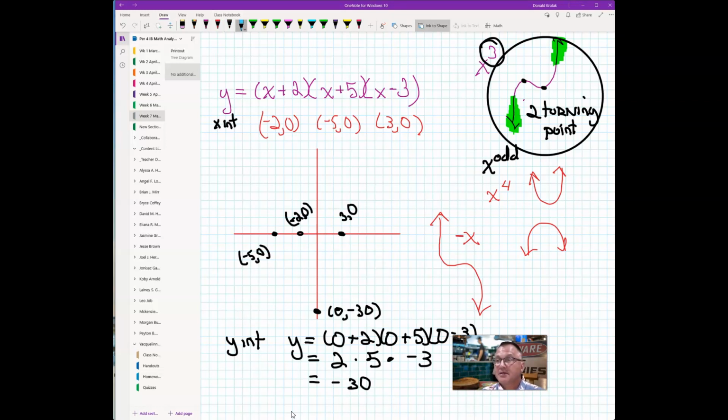So this one's going to have to be down, come up, and turn. How high it goes, I don't really know. I can figure that out, but I don't need to for a sketch. Then it's going to come down. I know it's got to go through that negative 30, and to go through 3, it's got to come back up. And there's my quadratic, or excuse me, my cubic.